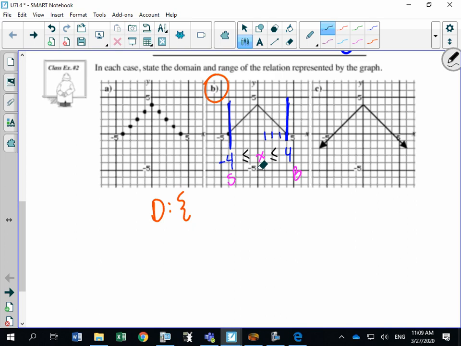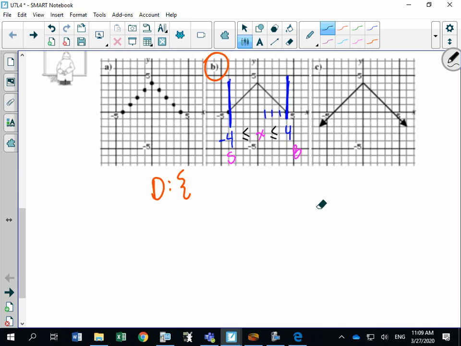And how this is read is you start in the middle and you read the right-hand side first, and then you go to the left. So you would say x is less than or equal to 4, greater than or equal to -4. So what you're saying is on your graph, the x's are less than or equal to 4, bigger than or equal to -4. Now, how we write that in proper notation is when we're dealing with data that's not discrete.